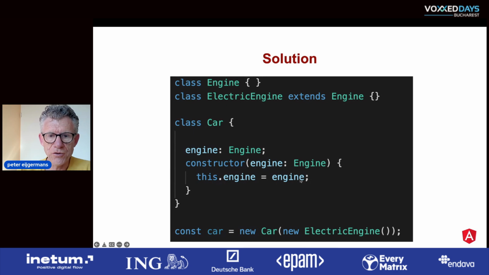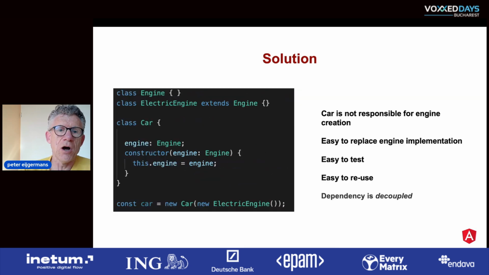And now we can also use mocks, for example, to test, and also inject other engines, a gas engine, an electric engine. The car is not responsible for creating the engine, and that's a good thing. It is better to test, better to use, and it is not coupled anymore.